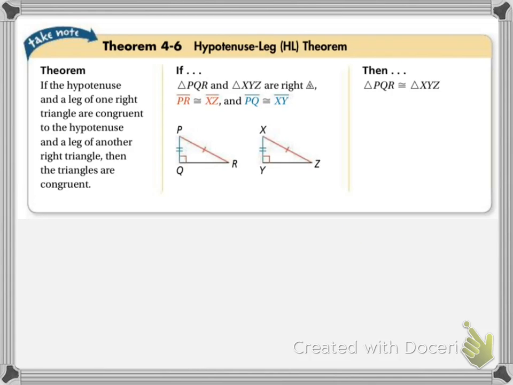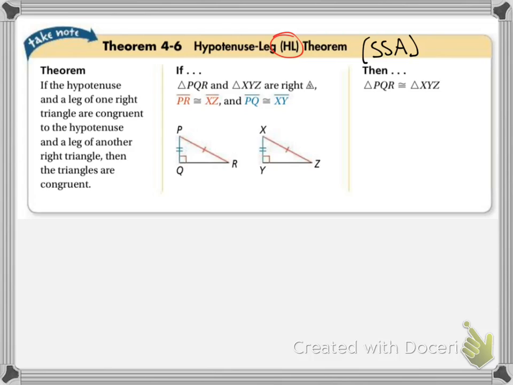So finally, we have the hypotenuse leg theorem, which really is the same thing as SSA, only for right triangles. We're not going to call it SSA though. We'll call it HL, if you're going to abbreviate it that way. What the HL theorem tells us is that if the hypotenuse and leg of one right triangle are congruent to the hypotenuse and leg of the other right triangle, then the two triangles have to be congruent.